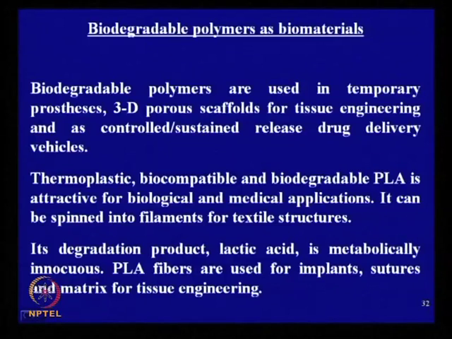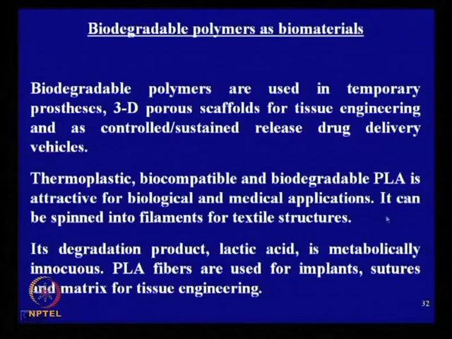You can synthesize these. Starch, chitin and chitosan are also biodegradable. So, one can use these polymers for making 3-dimensional porous scaffolds for tissue engineering, as well as controlled and sustained release of drug or drug delivery vehicles.